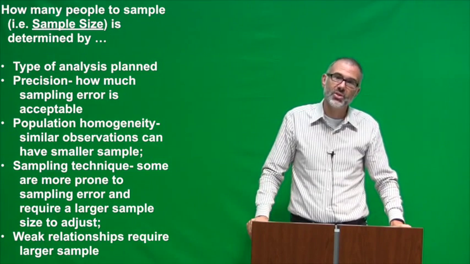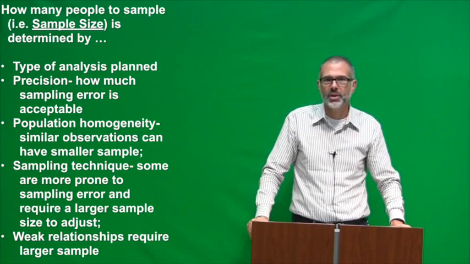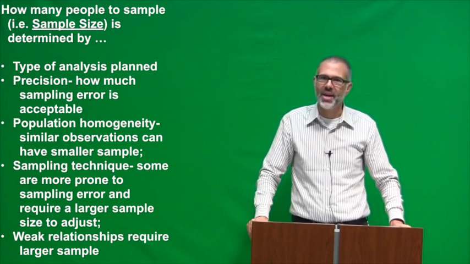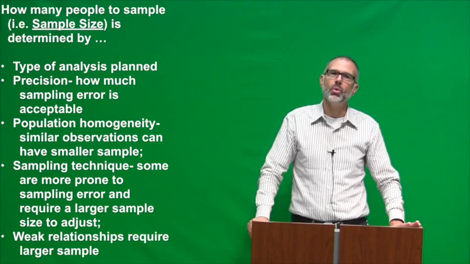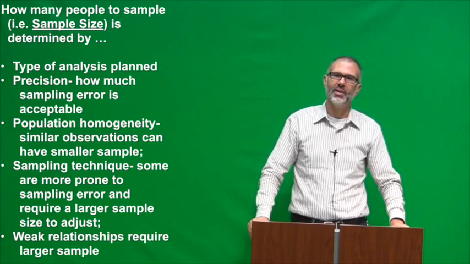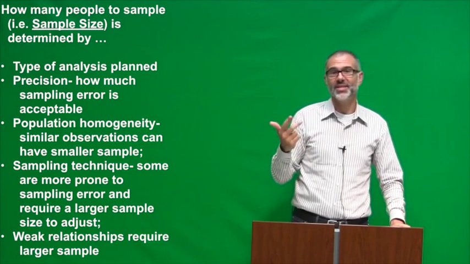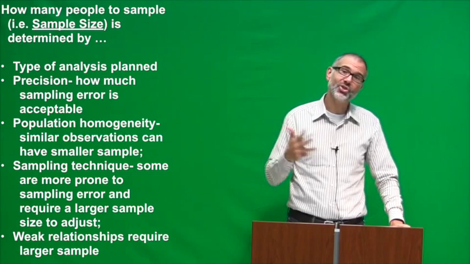The necessary sample size is also determined by the sampling techniques that I use. So random sampling is going to produce more reliable estimates with fewer people than non-random sampling techniques will. So sample size is dependent on the statistical tests that I'm going to use, the precision that I want, the sampling techniques that I use, and finally, how strong the relationship is.